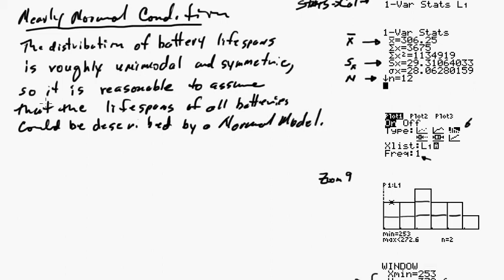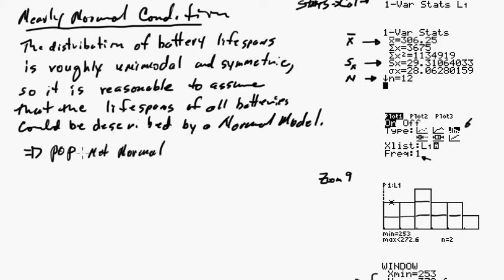So what we're basically saying is, there's nothing to suggest that the population is not normal.